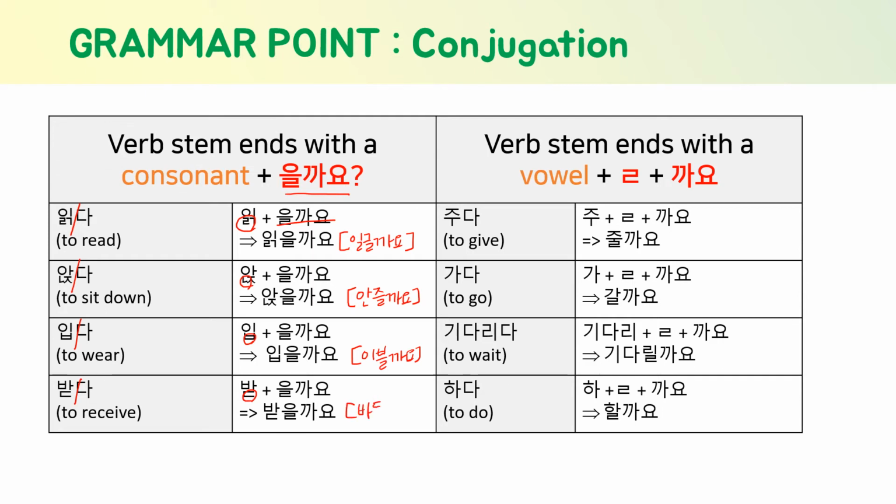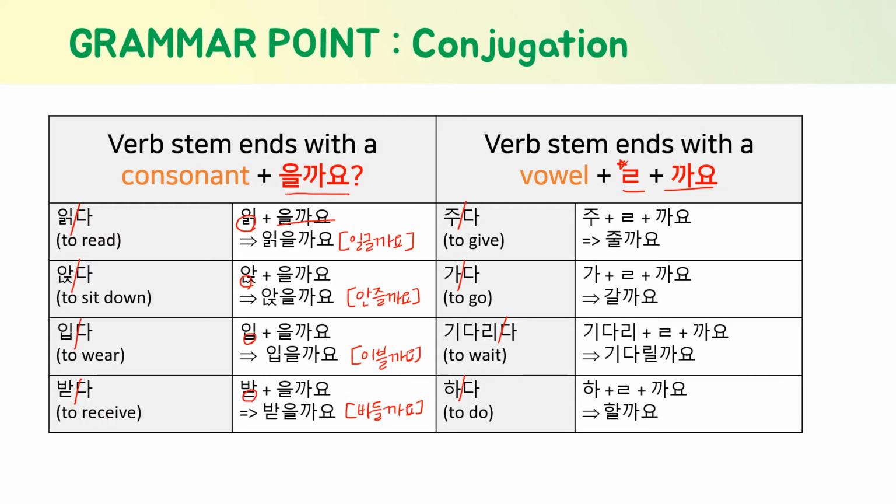받을까요. Okay, but if the verb stem ends with a vowel, you add ㄹ까요. So these are verb stems: 주다, 주, 가다, 가, 기다리다, 하다.